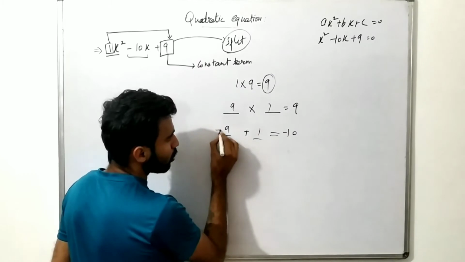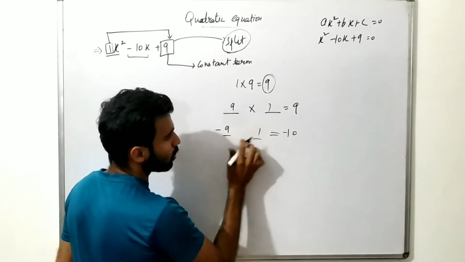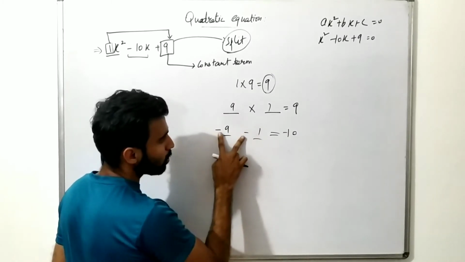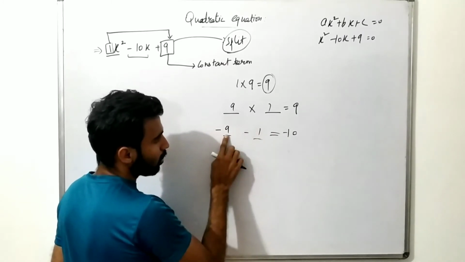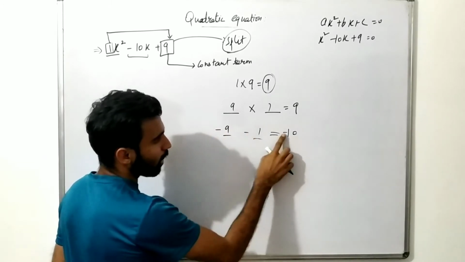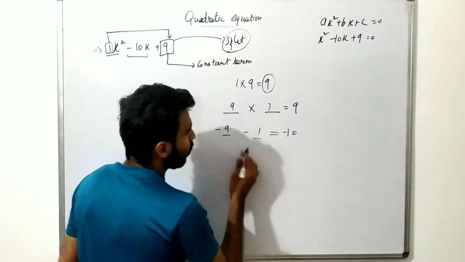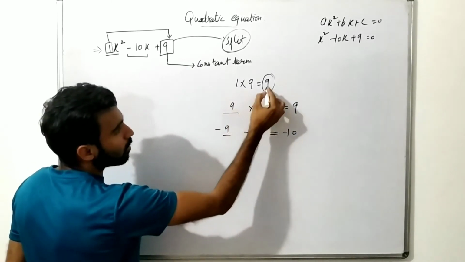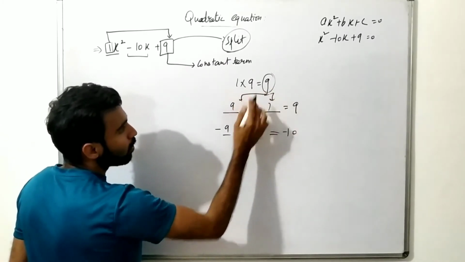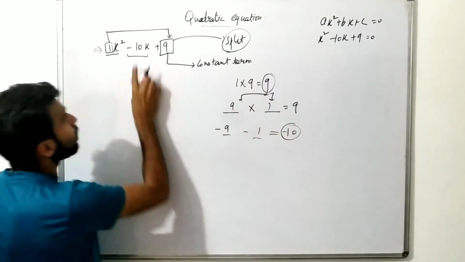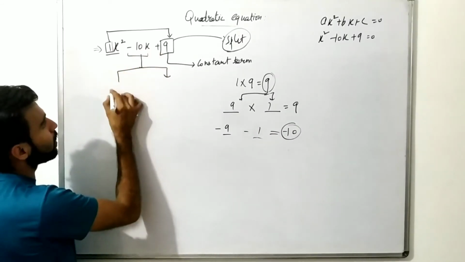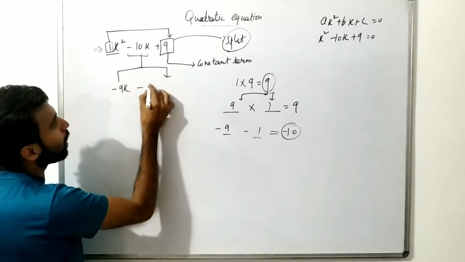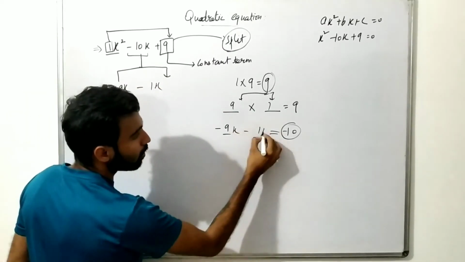If I take the larger number as minus and also this 1 as minus here, so minus minus is plus, the 9 plus 1 will take you to 10, and the larger number is 9, so the sign will be negative here. So these are the two numbers that this 9 should be broken into to obtain the middle term here. So I will simply break this minus 10x into minus 9x minus 1x, as you can see here.